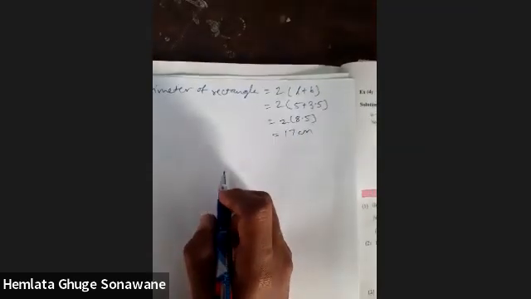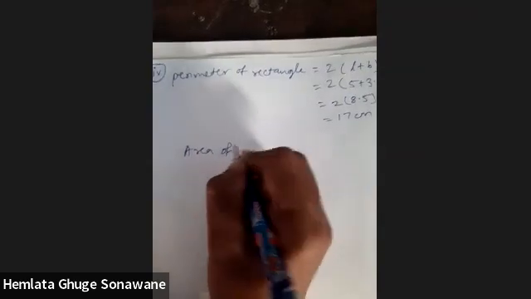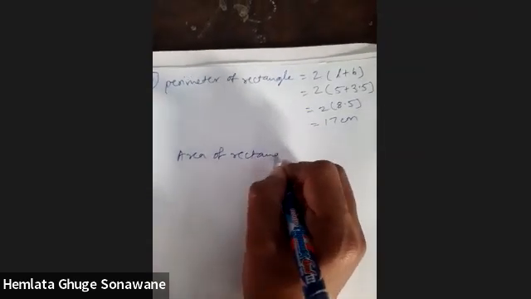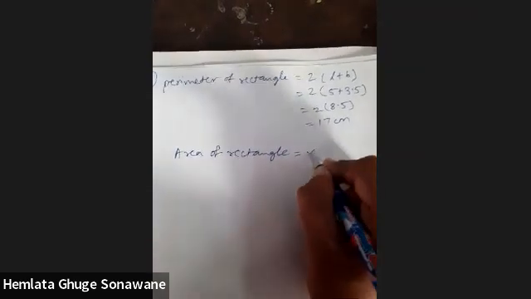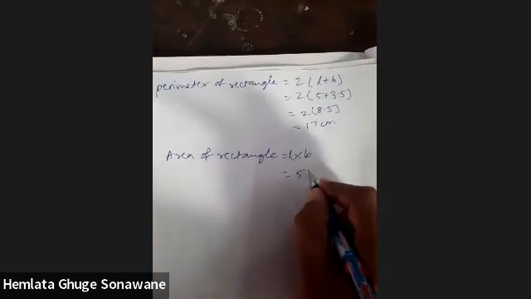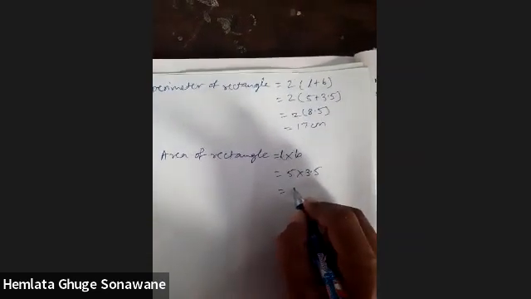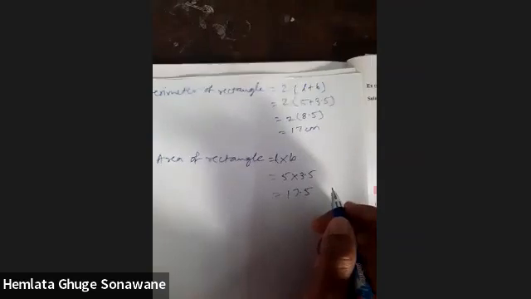Now we have to find out area of a rectangle. What is the formula to find out area of a rectangle? That is length into breadth. What is length? It's 5. Breadth is 3.5. So it becomes 17.5.